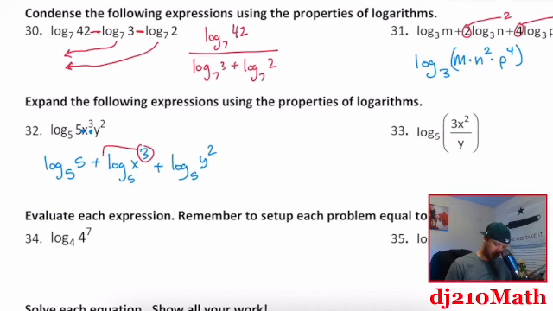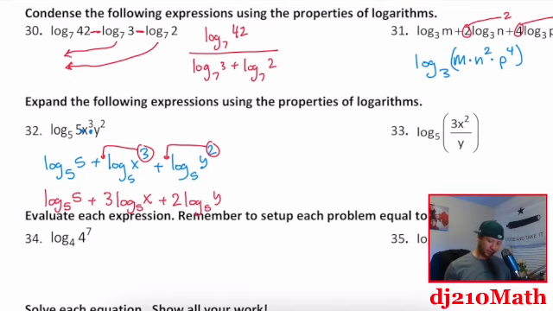All the powers go in front of the log. So final answer: log 5, 5. That's actually a property. I'm not worried about that right now. Log 5x plus 2 log 5y. So the powers go in front.